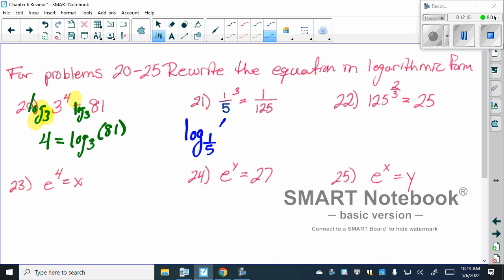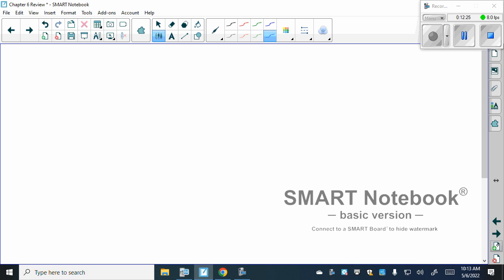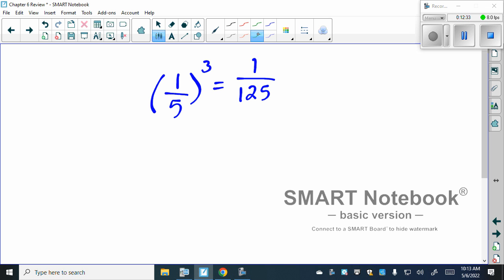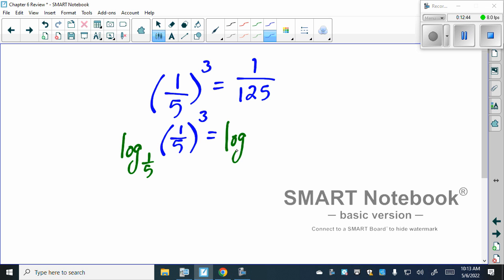1/5 of 1 over 125 equals, let me get a little more space. So 1/5 to the third power is equal to 1 over 125. Now, if we wanted to work it out, I could say log base 1/5 of 1/5 to the third equals log base 1/5 of 1 over 125. 3 moves out front.